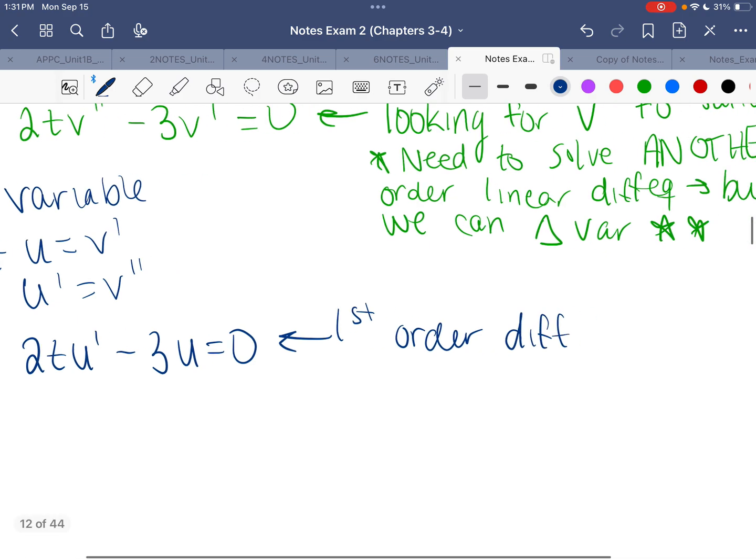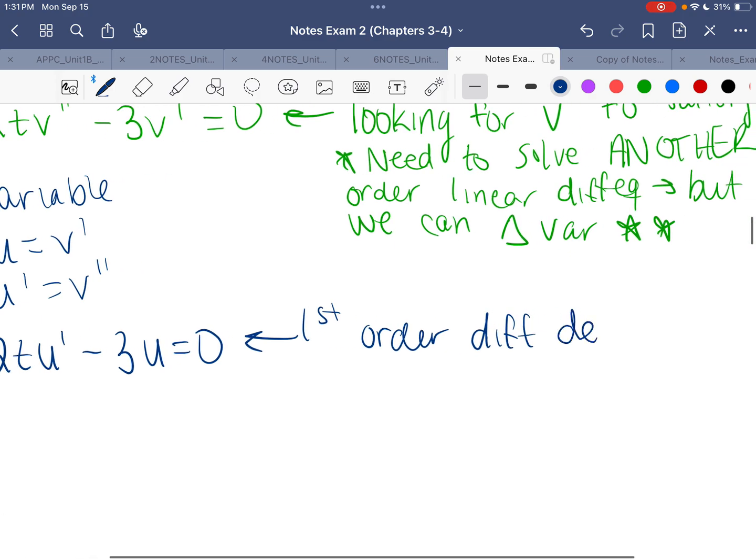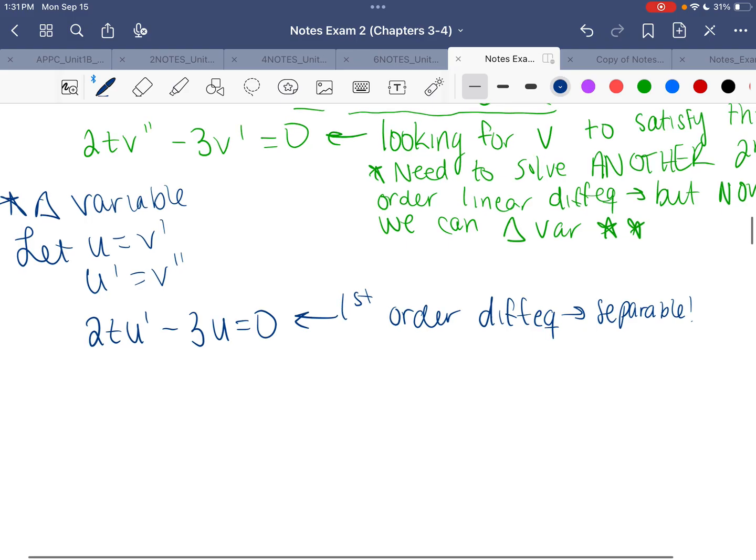This is a first order diffeq, and it's separable. You have 2t du dt, and then add the 3u on both sides. This is separable.